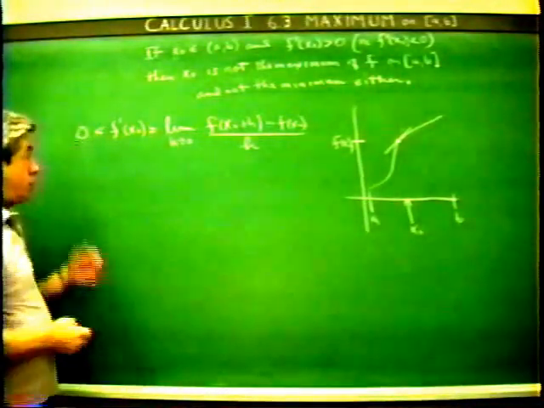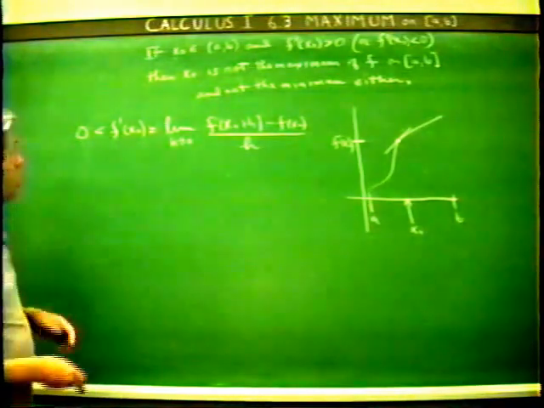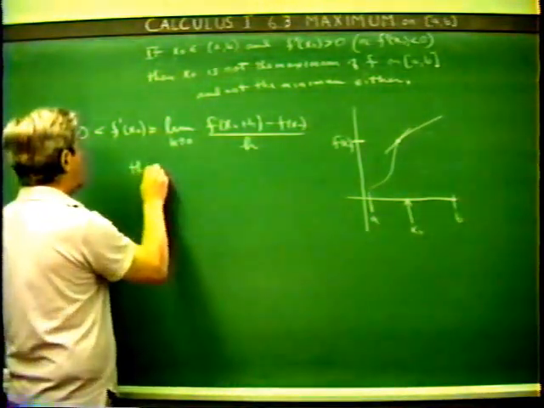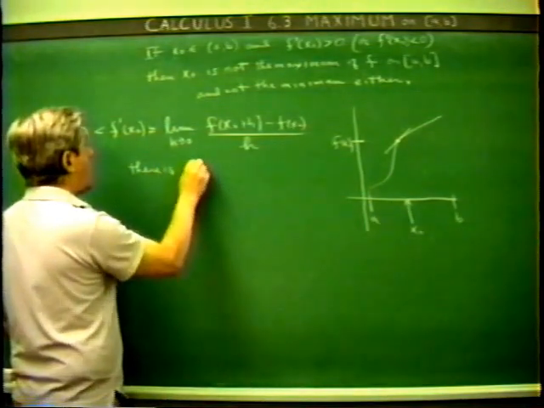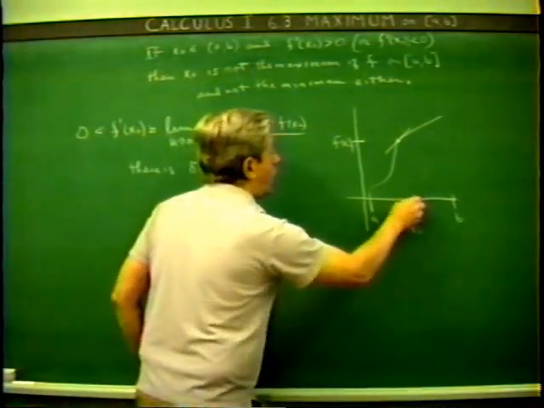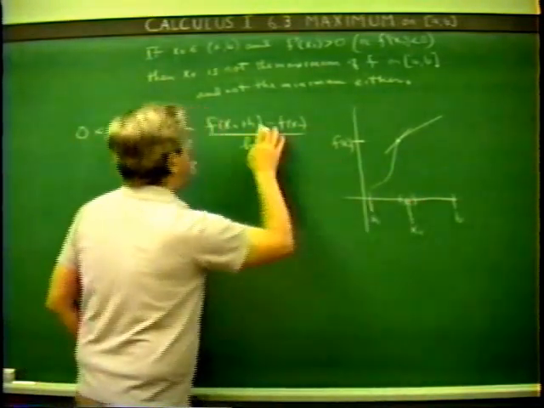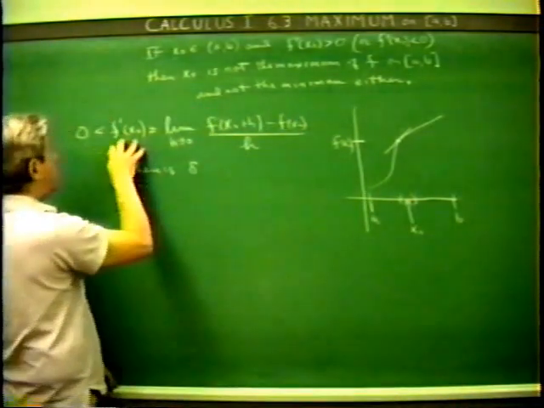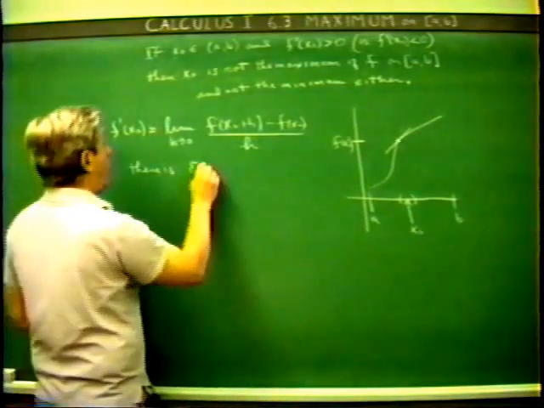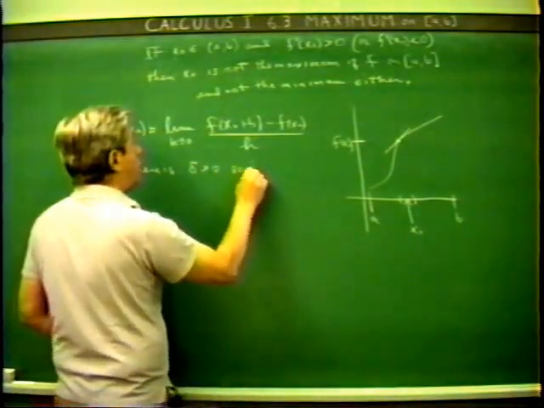And this is greater than 0. Right? So there is a delta, so that if we stay nearby here, this quantity is close to this one, and so it must be greater than 0.